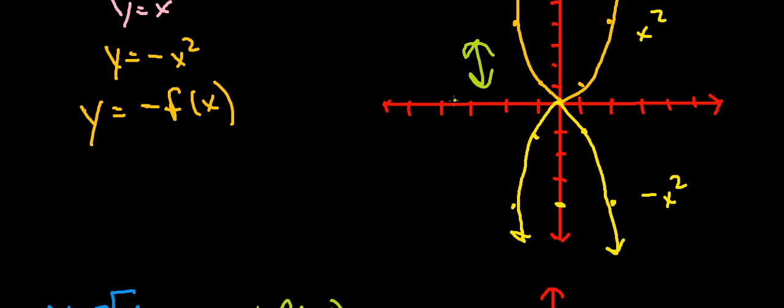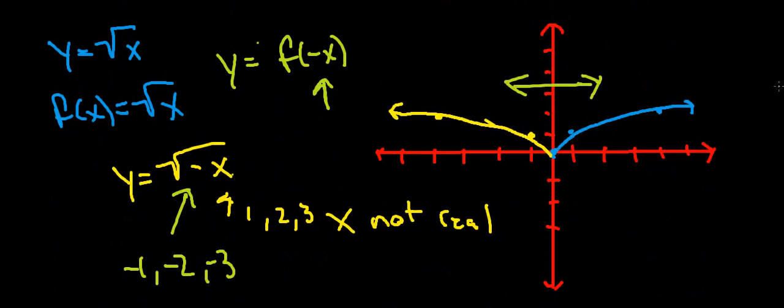So even though we say it as reflection about the x-axis here, and we think horizontal for x-axis, when you're reflecting it about the x-axis, you're actually reflecting it in a vertical direction. And here when we say reflection about the y-axis, the y-axis is vertical, but when you reflect across it, it's a horizontal reflection.